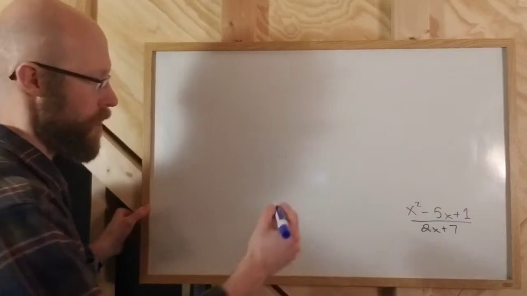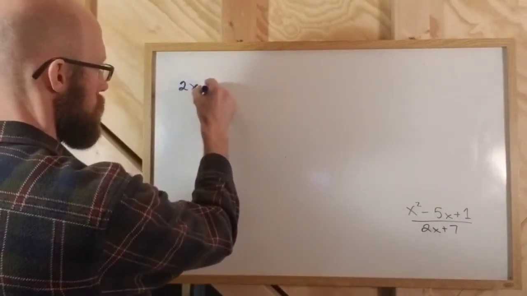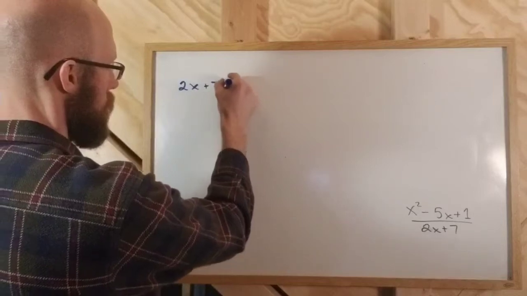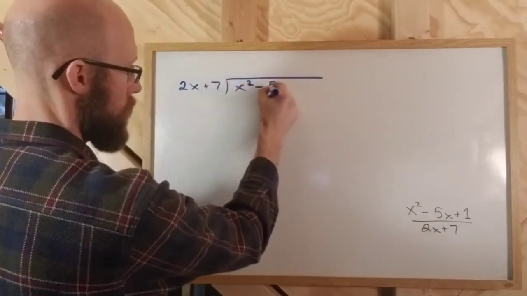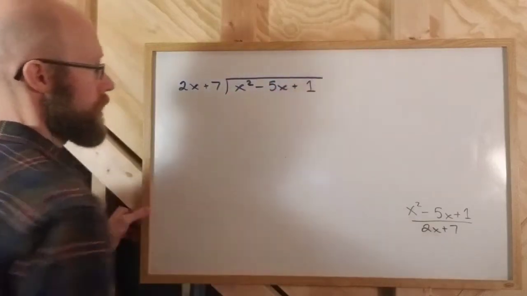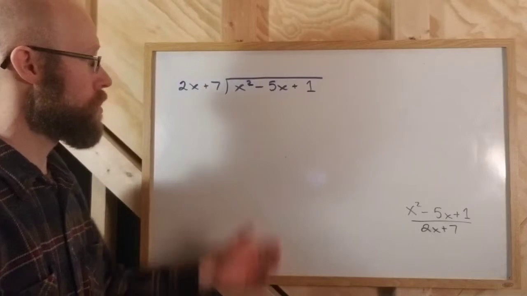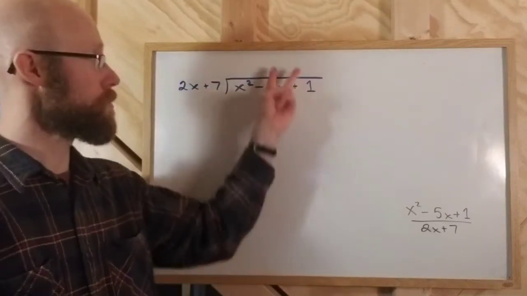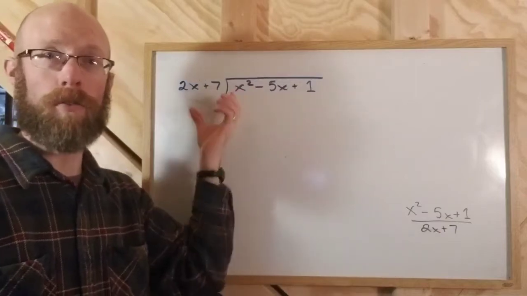It's another longer process. So I'm just going to do long division with 2x plus 7 on the outside and x squared minus 5x plus 1 on the inside. So I've got my divisor and my dividend. Remember, the final answer is going to be the quotient plus whatever we have as a remainder over the divisor.